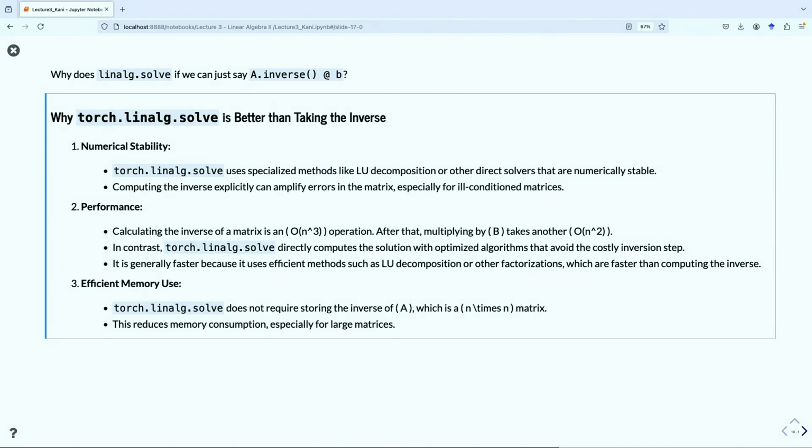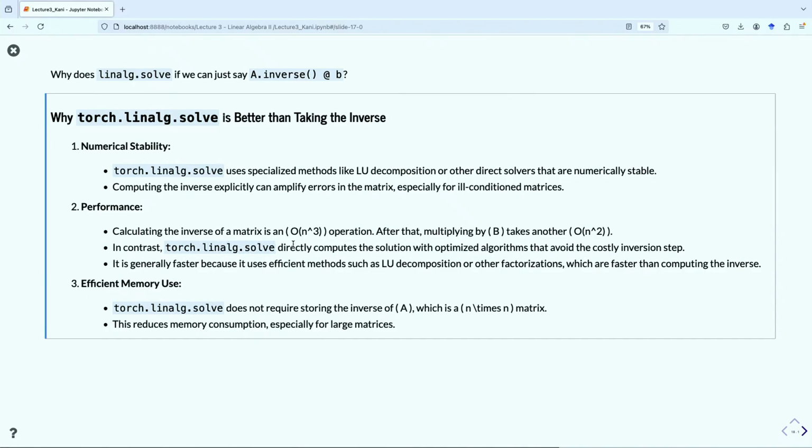So linear algebra solve uses methods that are more numerically stable, especially like LU decomposition, things like that. And also, the big thing is, again, the performance. I think using efficient methods, again, LU decomposition, it makes a big difference.